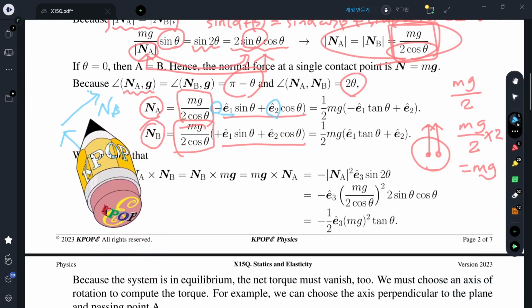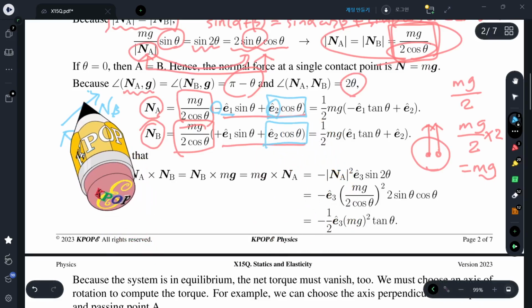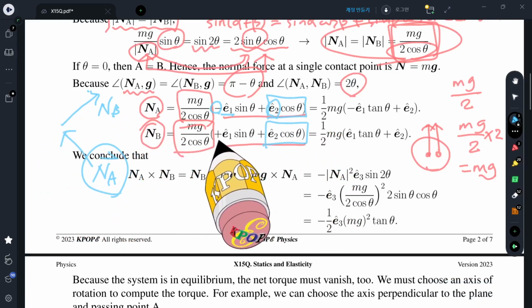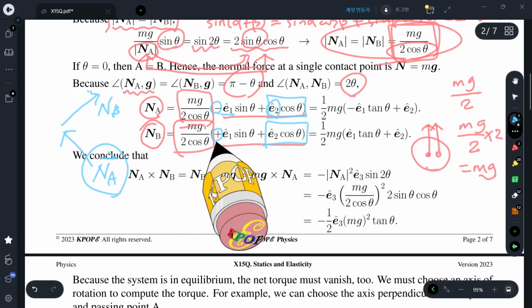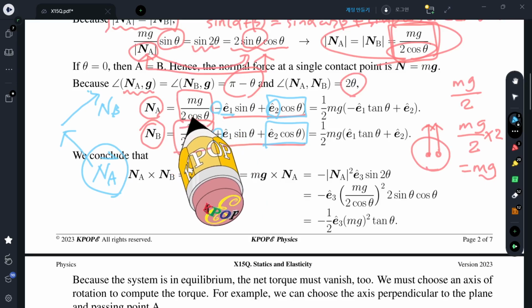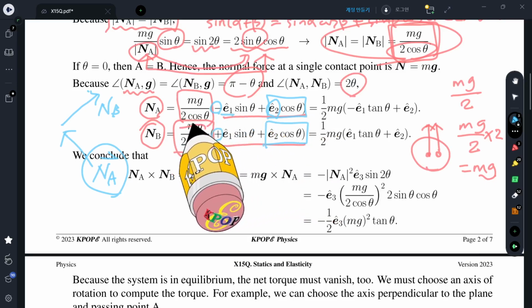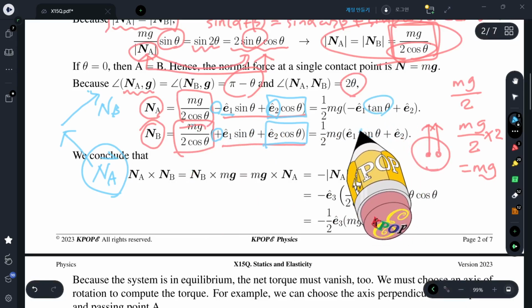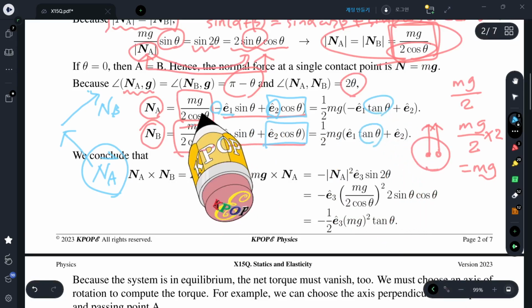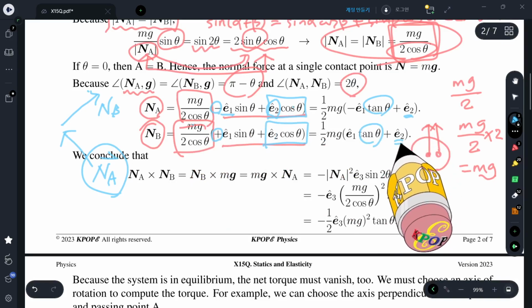In the case of NB, the y component is the same and the x component is to the right, so there is a sign change. If I absorb this denominator cosine theta inside the parentheses, then I would get tangent in both cases, and cosine cancels in the vertical direction.